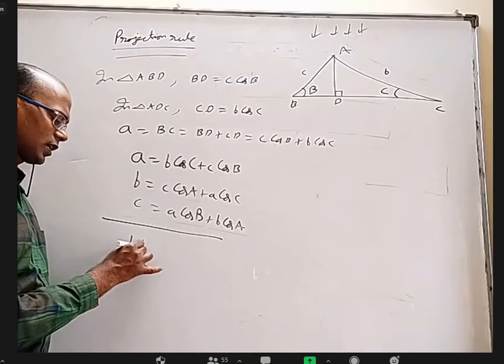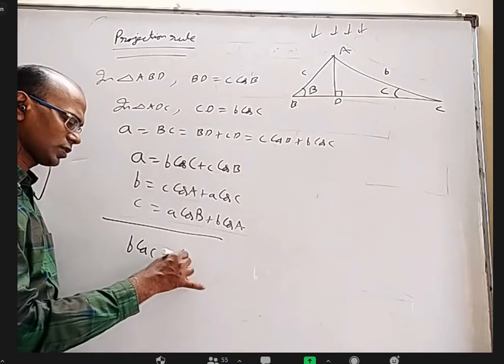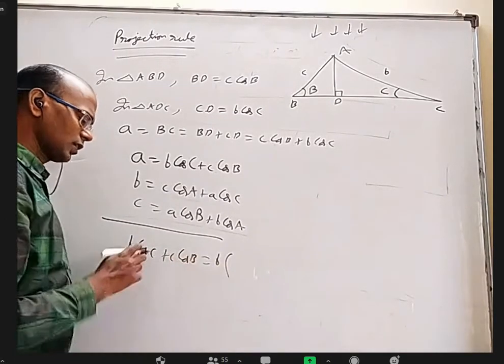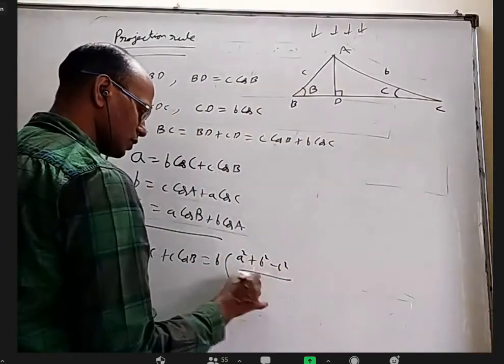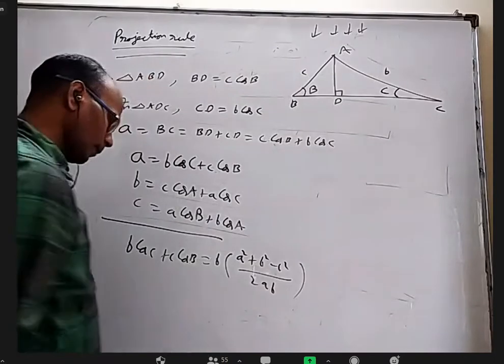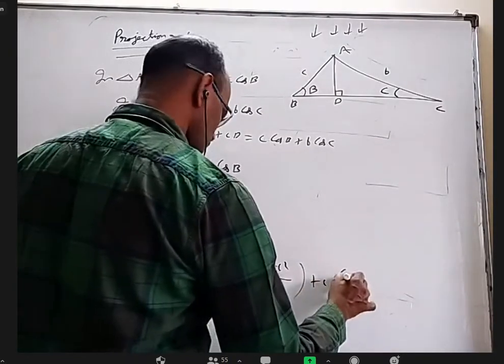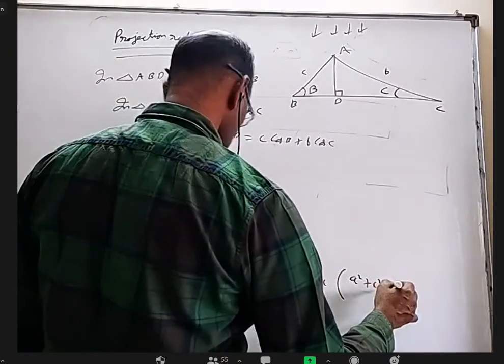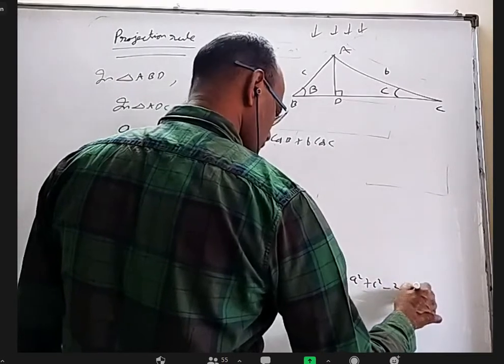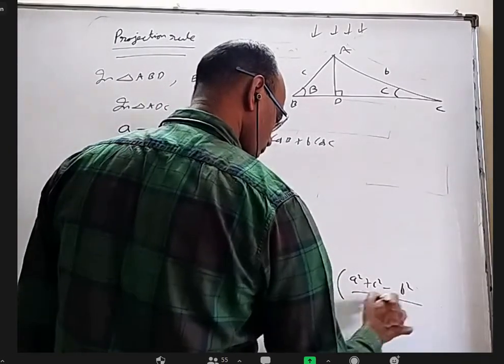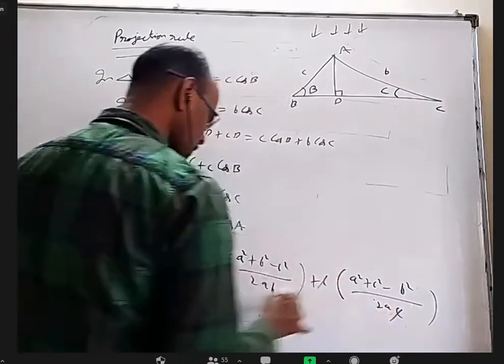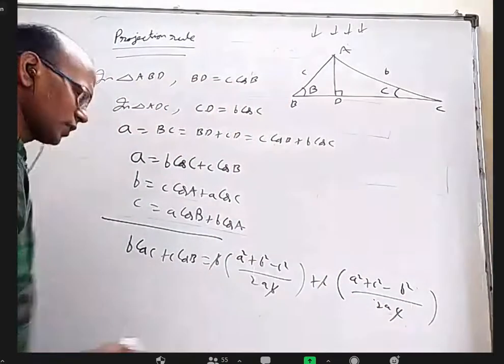For example, I can start with b cos C plus c cos B. Write cos C as (a square plus b square minus c square) by 2ab, and cos B as (a square plus c square minus b square) by 2ac. Here c will cancel, here b will cancel, denominators are same.